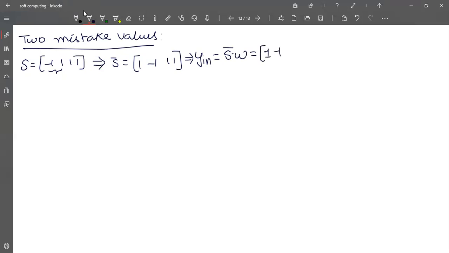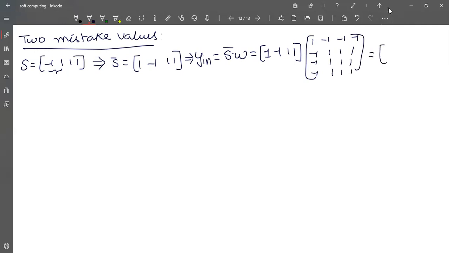1, minus 1, 1, 1 into our weight value, minus 1, 1, 1, 1, minus 1, 1, 1, 1, minus 1, 1, 1, 1.